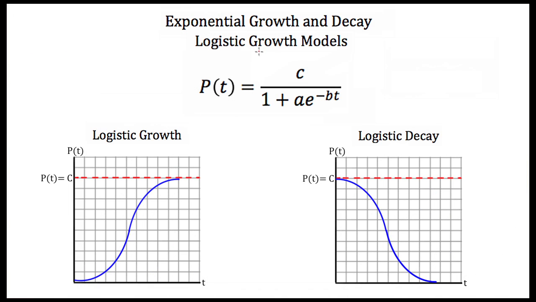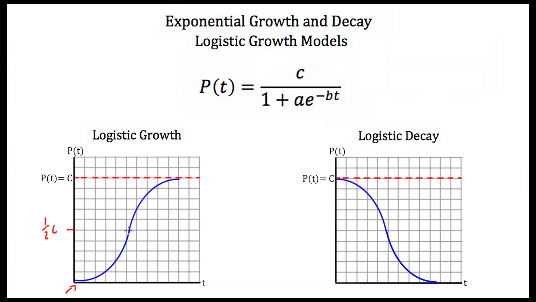Logistic growth models are important, though, because they model actual behavior in real life. If you have a logistic growth model, its graph will look something like this. Notice at the early times, or at the beginning of our time scale t, this looks like an exponential growth, or an uninhibited exponential growth.